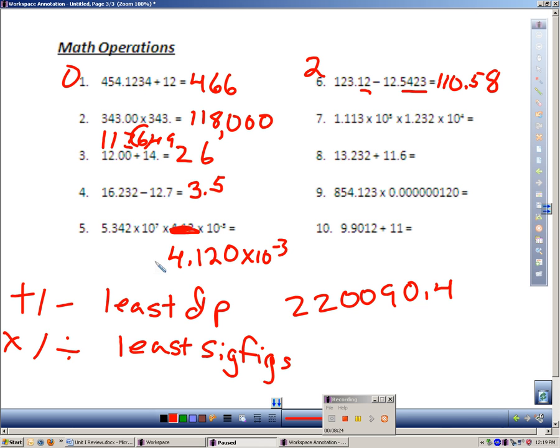How many sig figs should I round to? 4. So count 1, 2, 3, 4, underline, circle. That 9 is greater than 5, yes? So what's my answer going to be? Do not forget those zeros. Do we put it into scientific notation? No, that's all right.